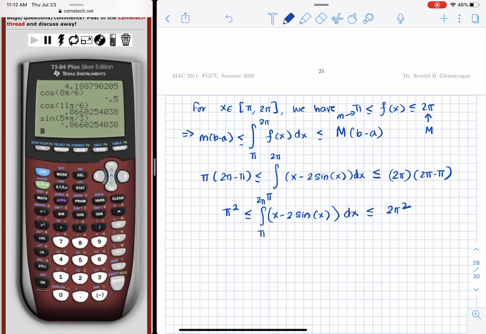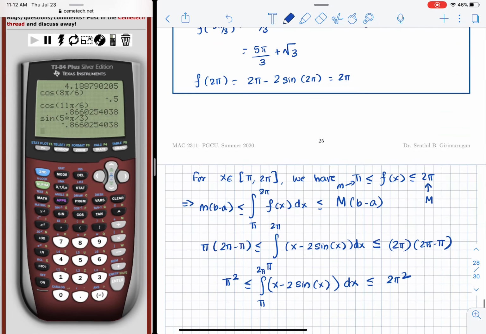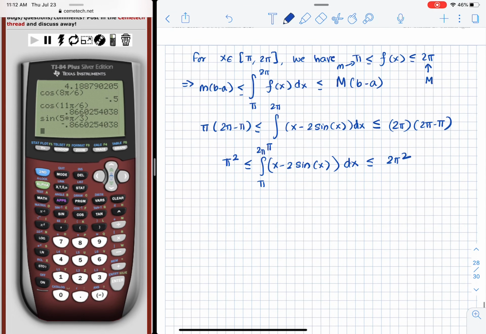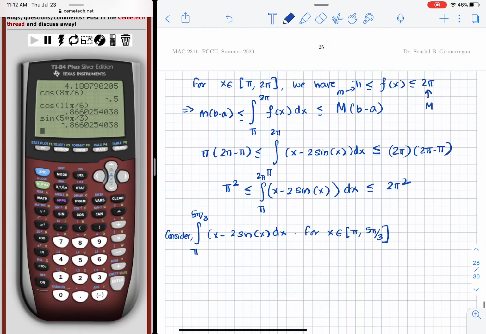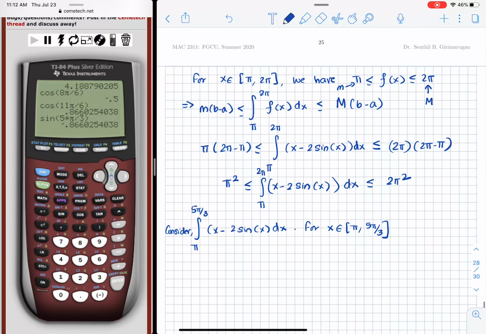Now, the first piece, the integral from pi to 5 pi over 3 of x minus 2 sine x dx, let's consider. And for x in pi to 5 pi over 3, we know the function is decreasing.